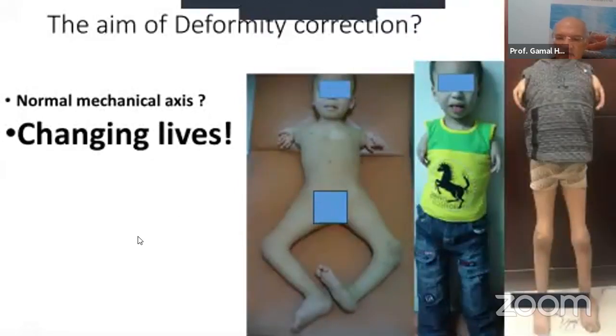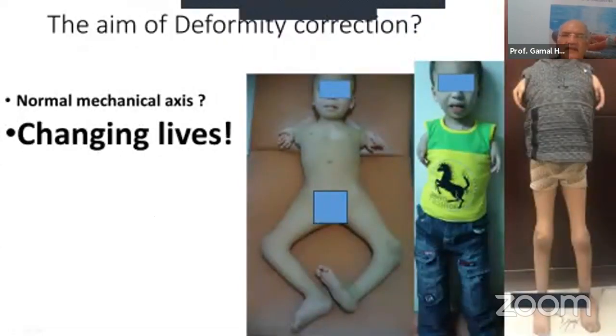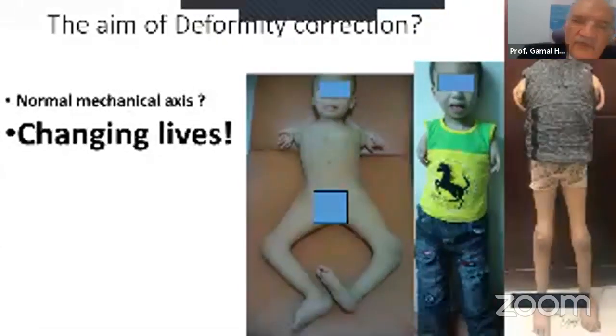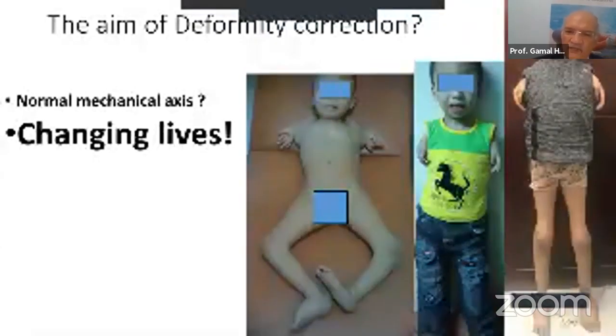Bedridden patient at age 5, and this is after treatment. Look at him in adolescence. The aim of correction of the deformity is not just to have a mechanical axis. The aim of correction of the deformity is changing lives. You change the life of the patient from a bedridden patient to an almost normal patient.